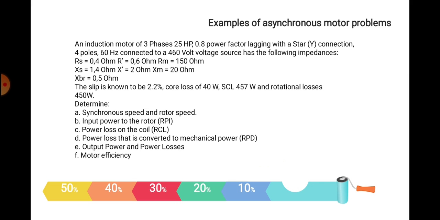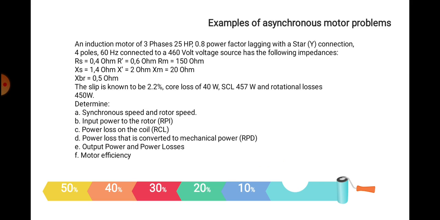An induction motor of 3-phase, 25 HP, 1.8 power factor lagging, with star connection, 6 poles, 60 Hz, connected to a 416 volt source has the following impedance.